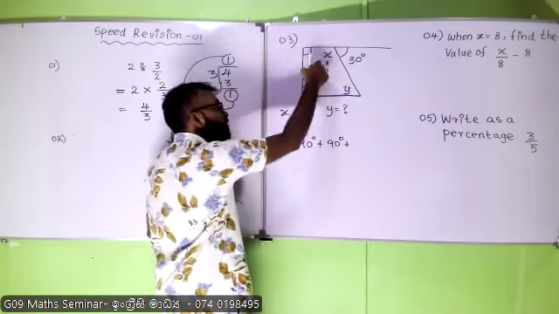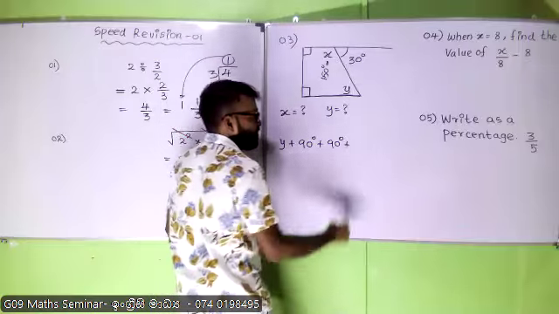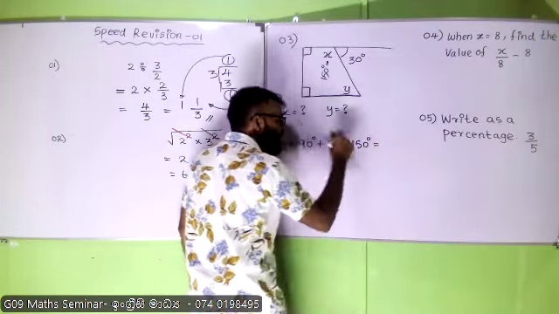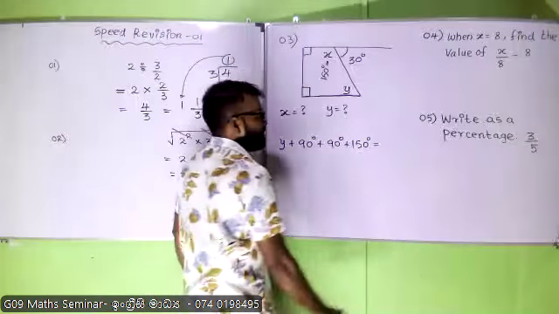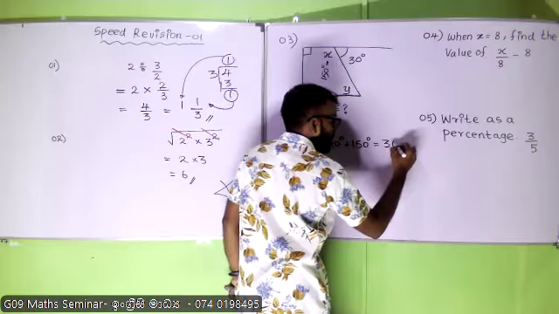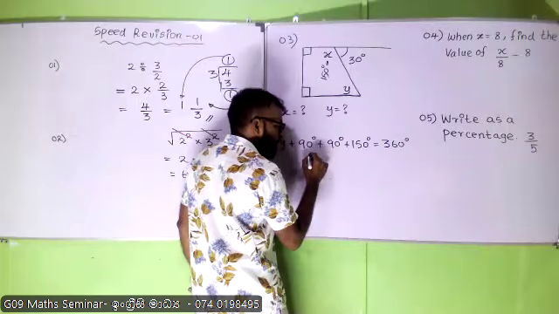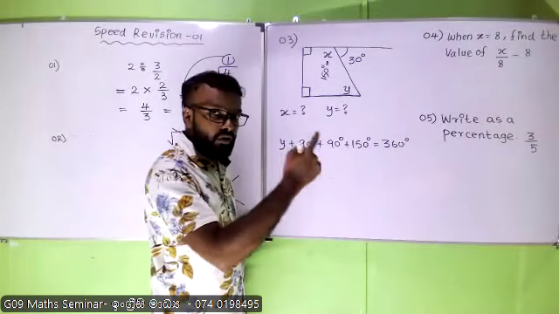Then plus we have already found this x. It is 150 degrees. So you have to add 150 degrees, and this equals 360 degrees in total. So the reason you have to write is the summation of interior angles of a quadrilateral.